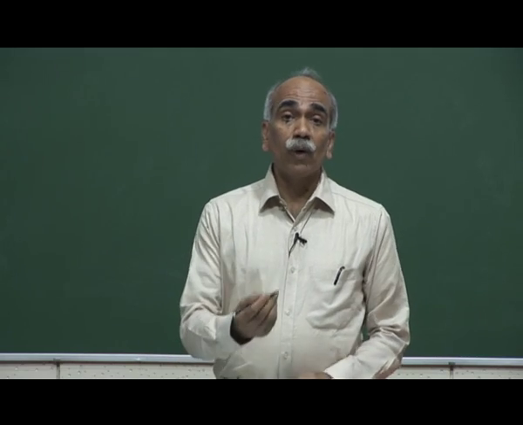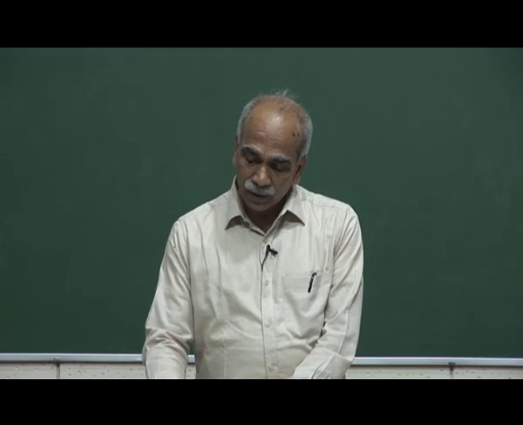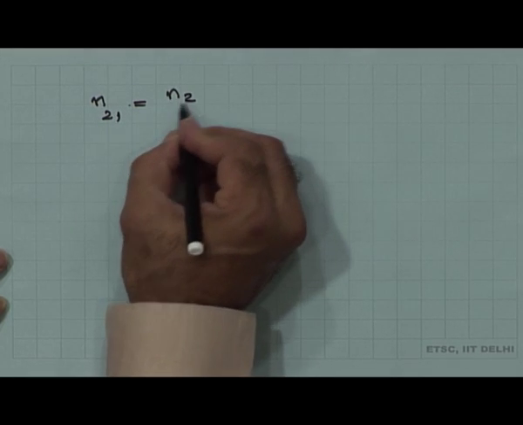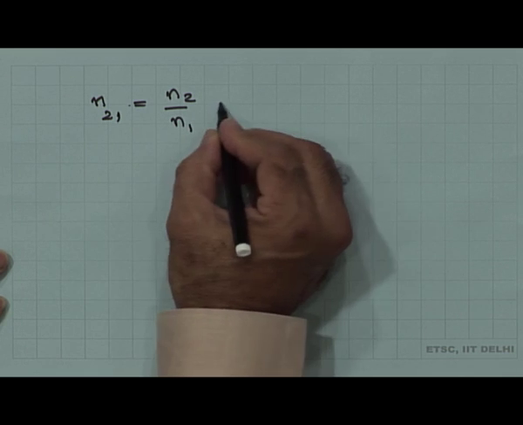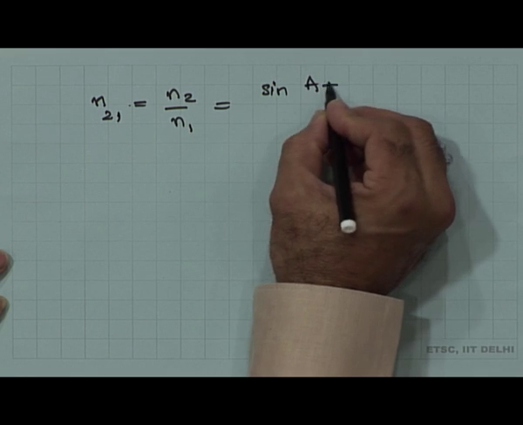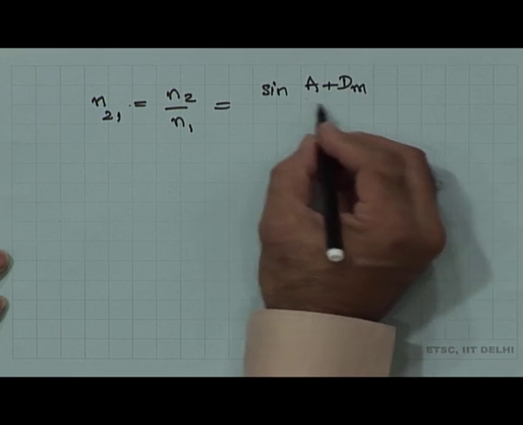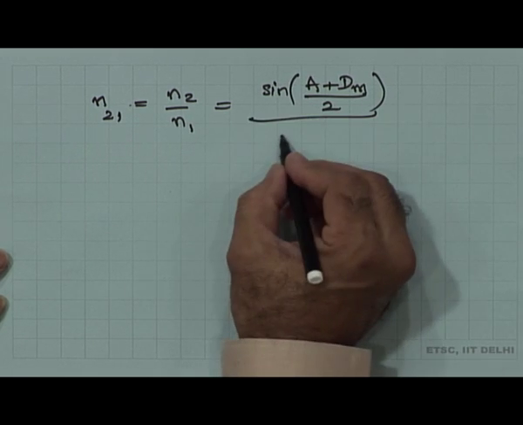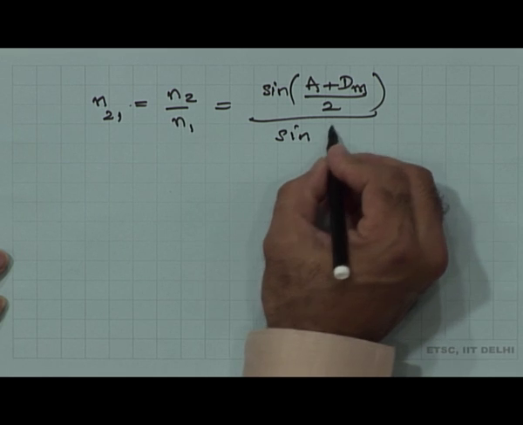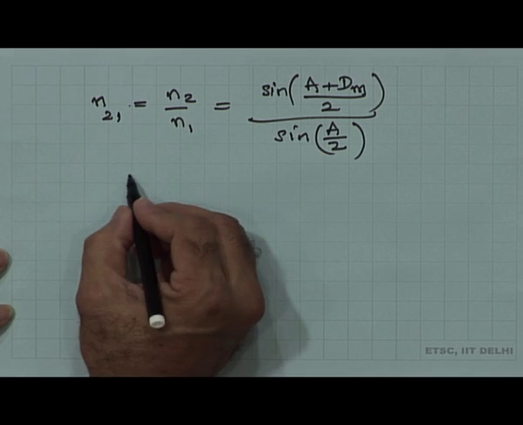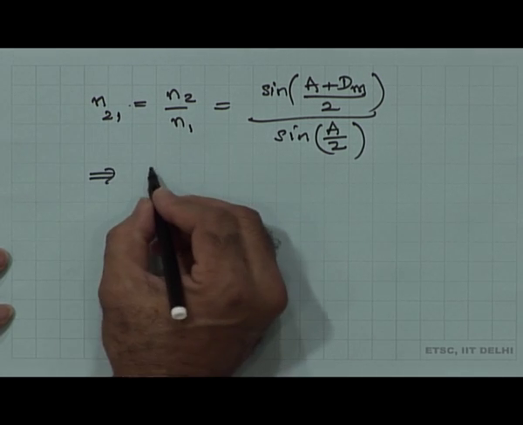Of course, we could have also used the other formula, the formula for refractive index. So, we had n21 is equal to n2 by n1 is equal to sin of (A plus dm) by 2 divided by sin A by 2, and we will get exactly the same answer. In this case we know that n2 is given.